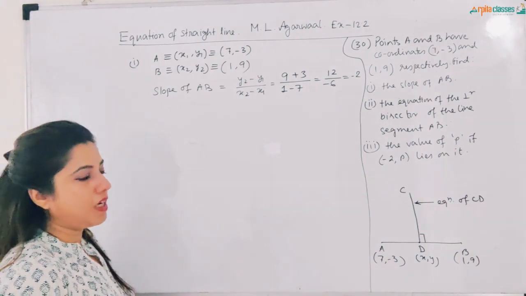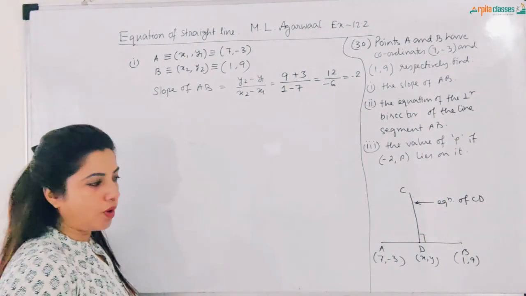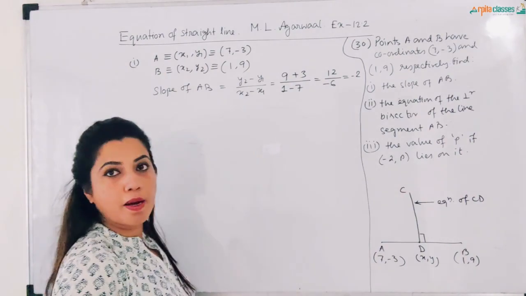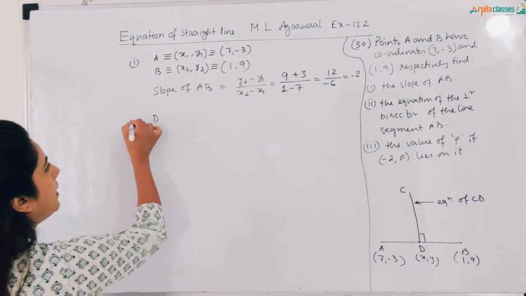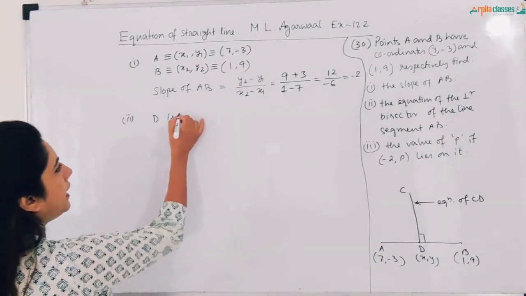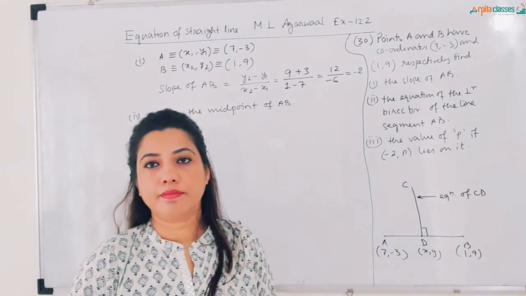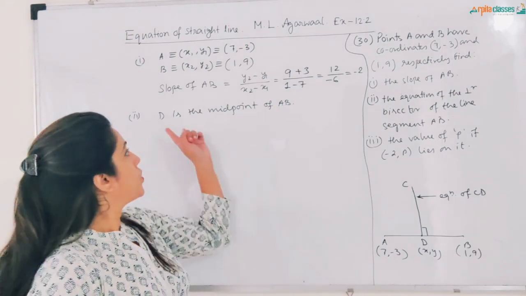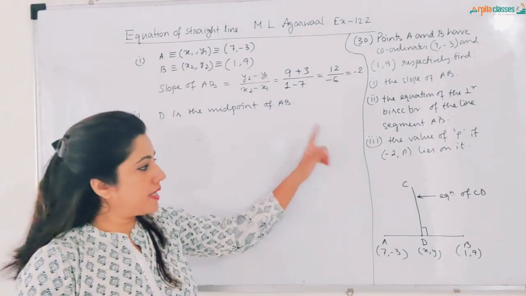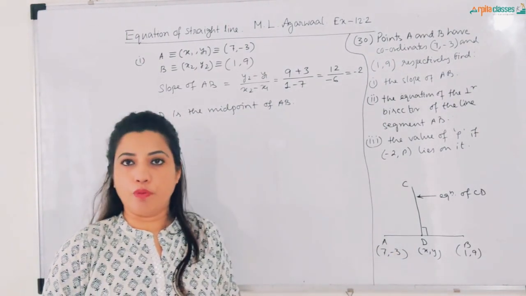Now the second thing is the equation of CD that we have to find out, for which we need D, which is the midpoint of AB. D is the midpoint of AB since it is the perpendicular bisector of AB, right?